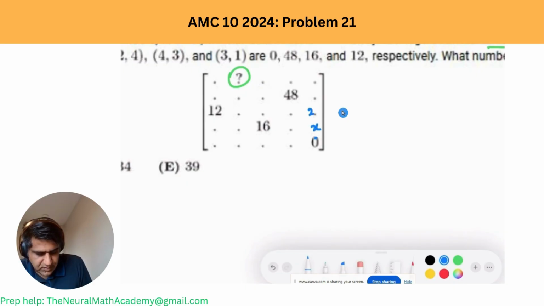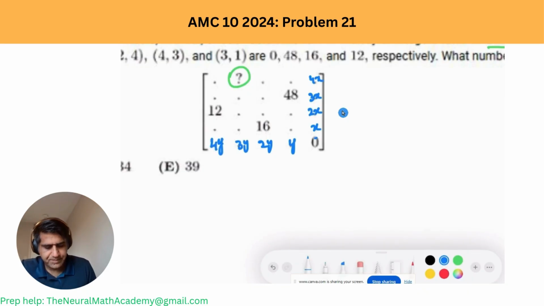Then this is 2x, 3x, and 4x. The reason is the difference is constant, so I can write terms like this. And similarly, if I go towards the left, I can call it y, 2y, 3y, and 4y.